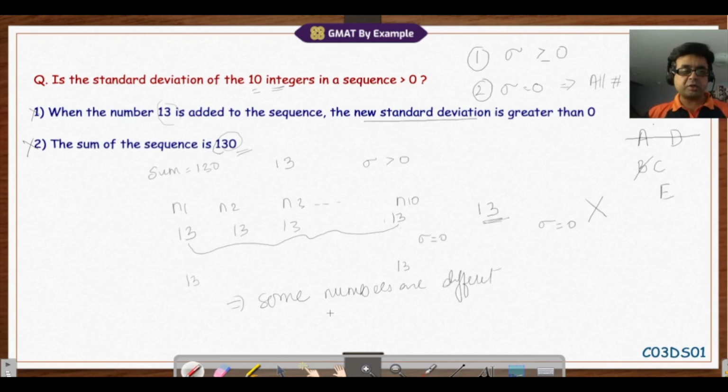All we need to care about is that some numbers are different. And when some numbers are different, standard deviation is greater than 0, because standard deviation can be 0 only when all numbers are equal. Hence, the answer to this question would be C. Both statements, when combined together, would give you a sufficient answer to the question.